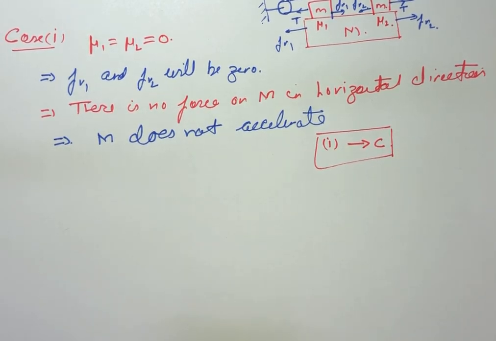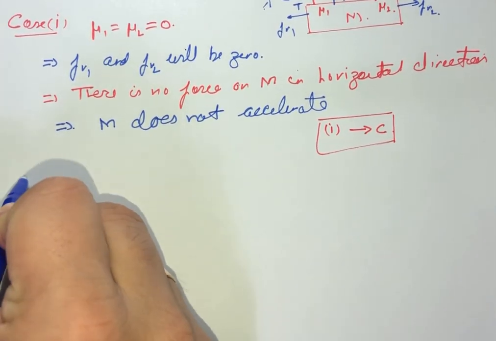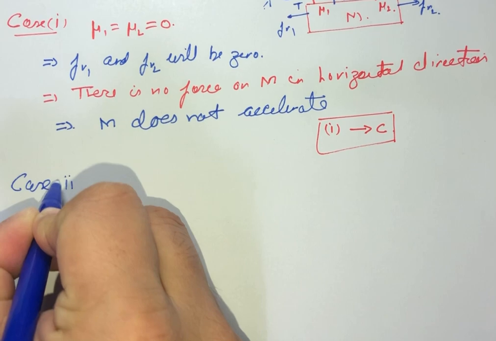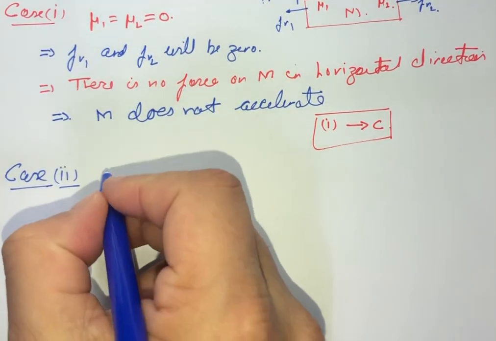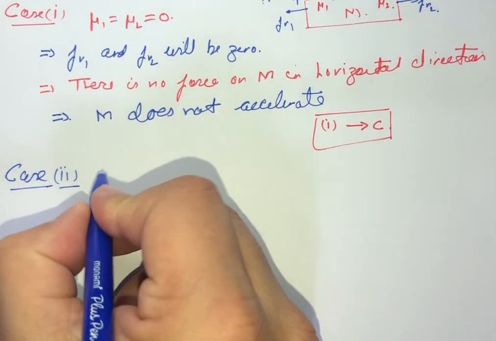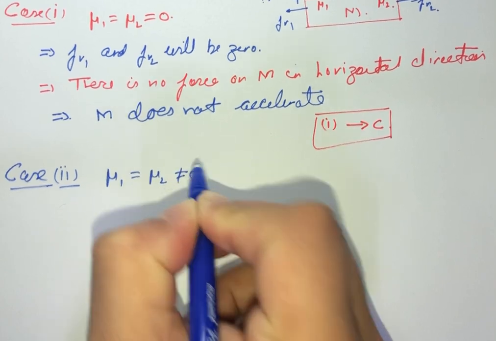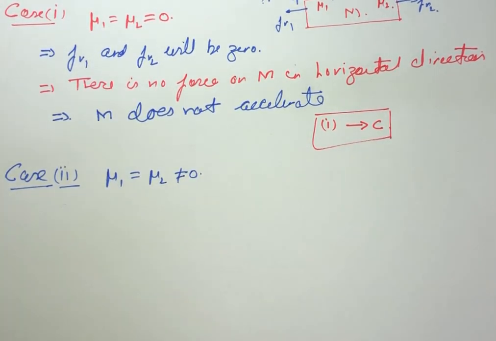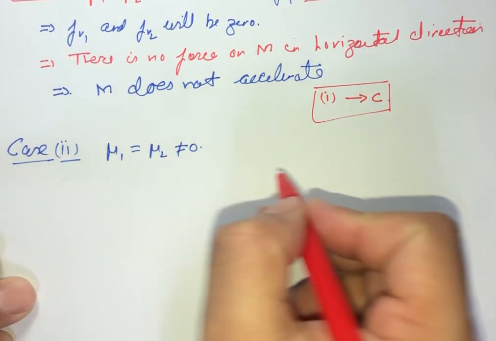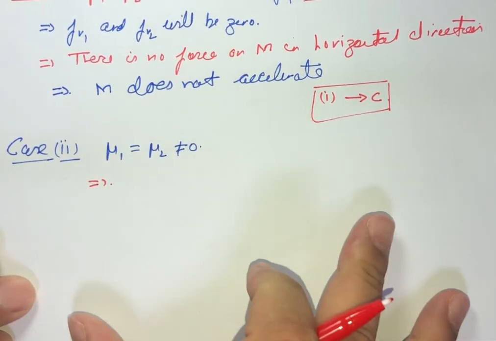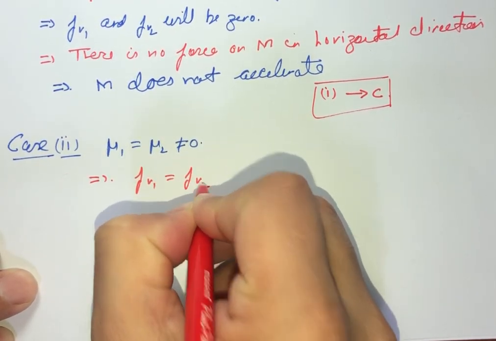Now we go for case 2. In case 2, it says that both are equal but not equal to 0. Mu1 is equal to mu2 but not equal to 0. If mu1 and mu2 are equal, from here we can say that FR1 will be equal to FR2.